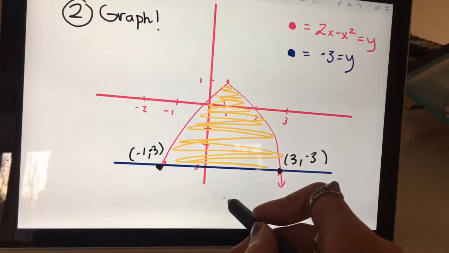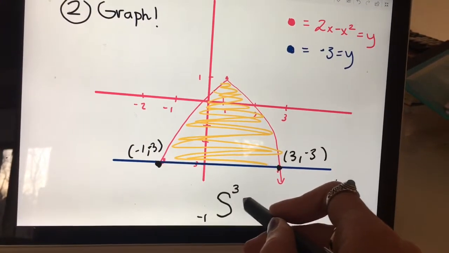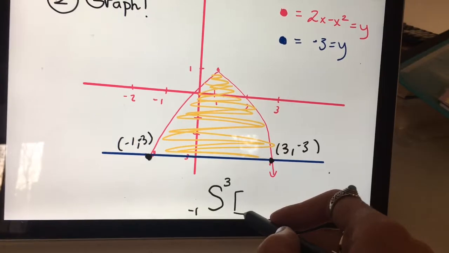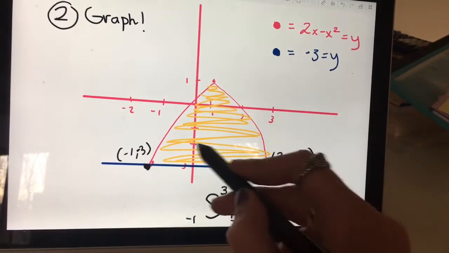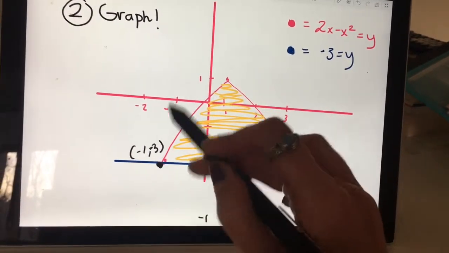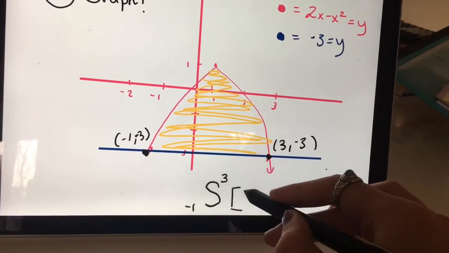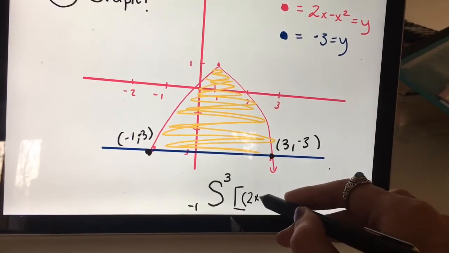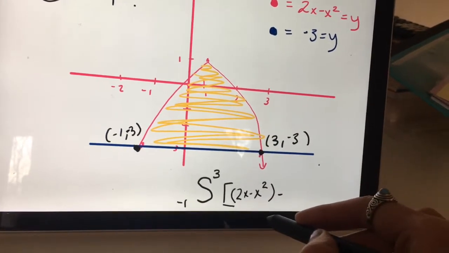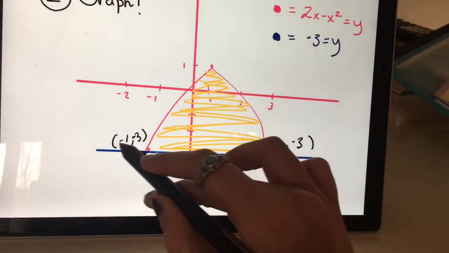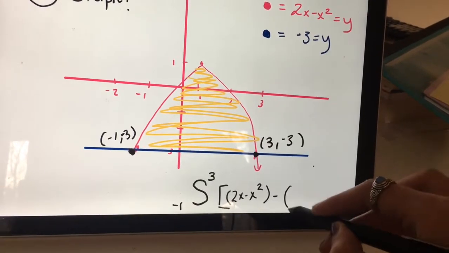So it's going to be the integral from -1 to 3 of my upper function, which is this one right here, 2x minus x squared, minus my lower function, which is the blue line right here, which is -3.